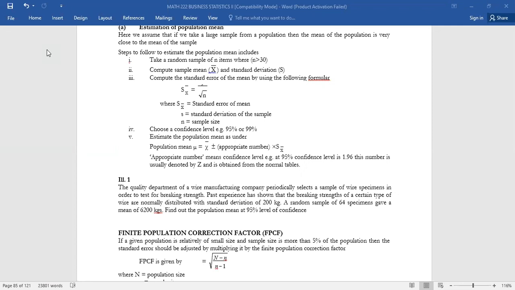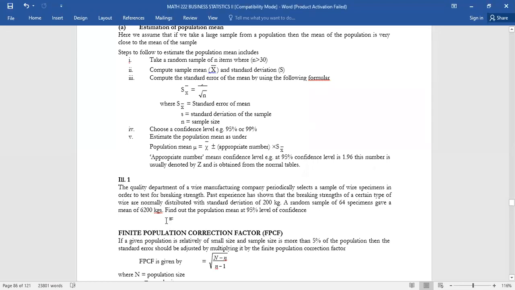You can get this from the Z tables, but in the interest of time, we know that it is 1.96. So we are taking the sample mean, which is 6,200, plus or minus 1.96 times our error of 25.